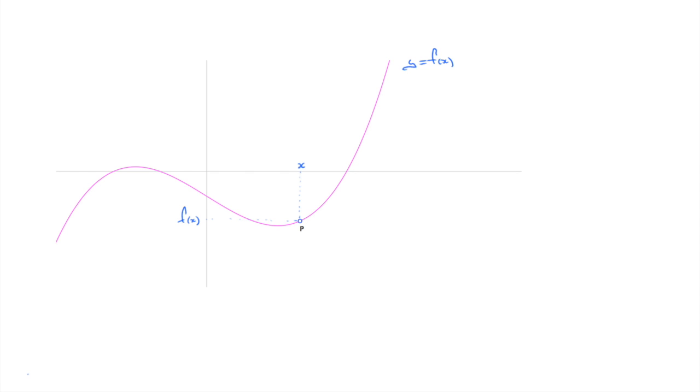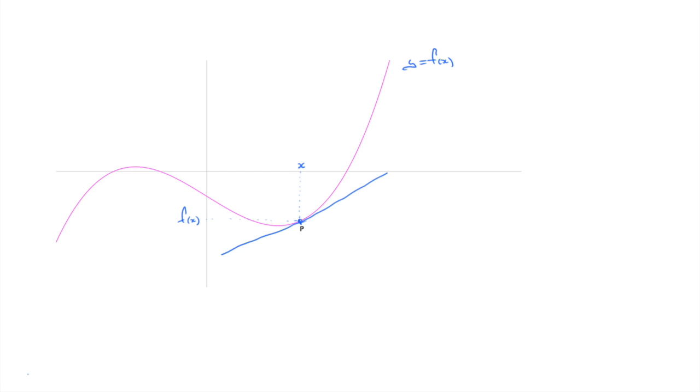Now, the question we want to answer is, what's the gradient of the curve at that point P? And the way we'll answer this is by finding the gradient of the tangent to the curve at point P. Now, the tangent to the curve at point P is the line which passes through point P and has the same gradient as the curve at that point.